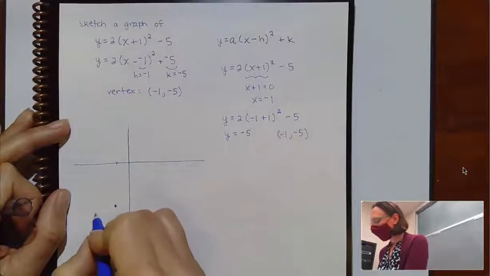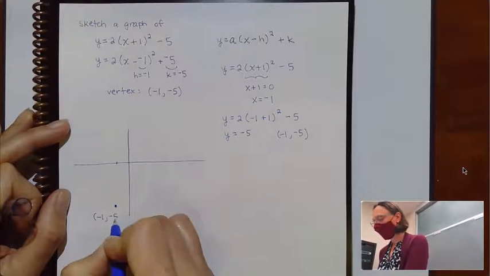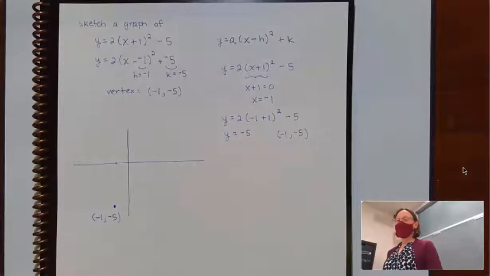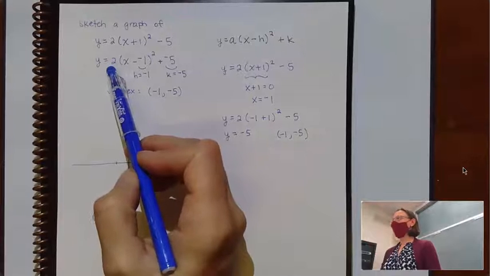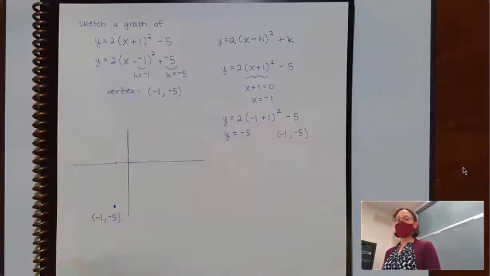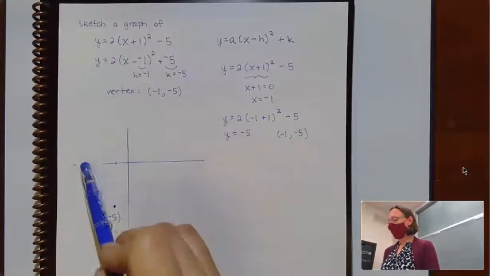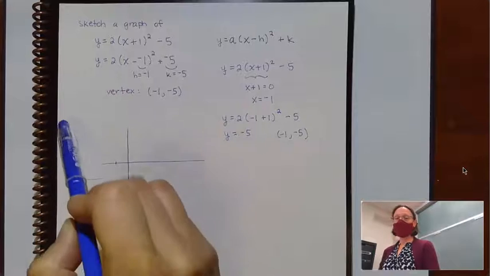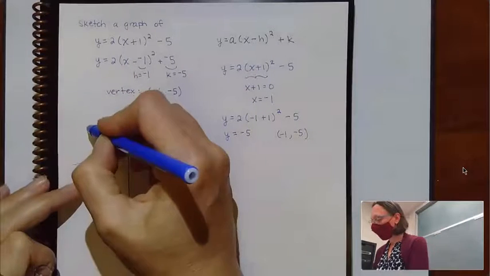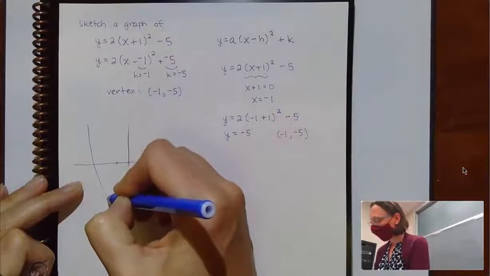So there's my vertex down here at -1, -5. And then I'm going to check. The number out in front is a 2. That's positive, which means my parabola should be a concave up shape. And I'm just going to sketch it in.